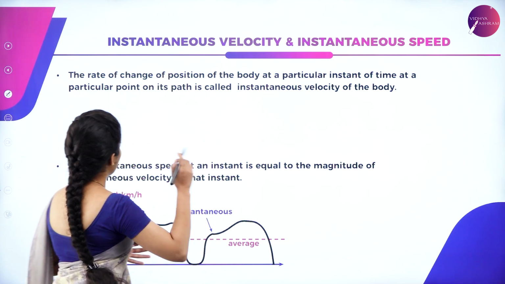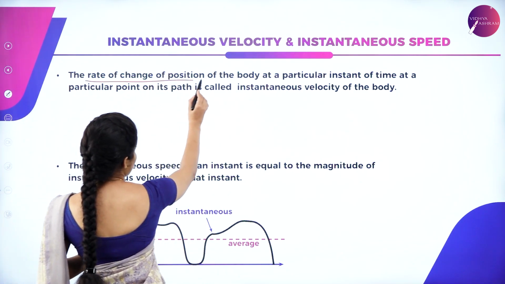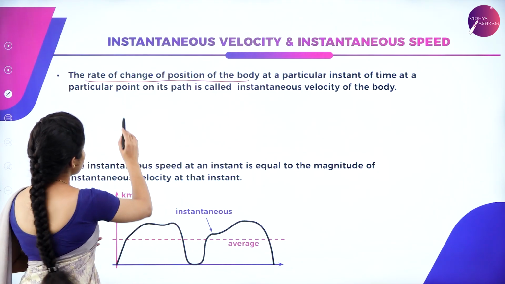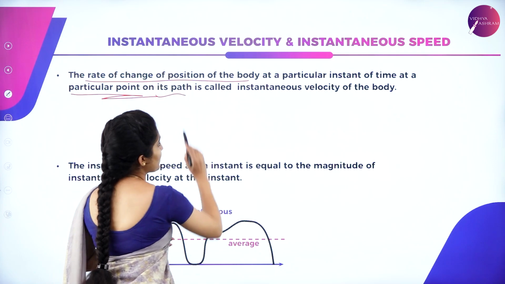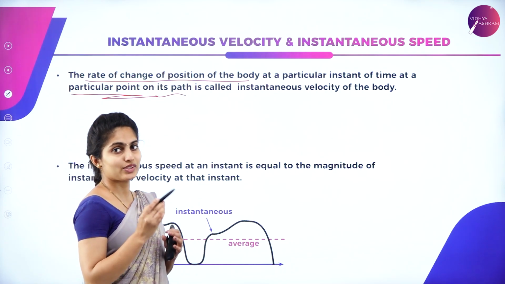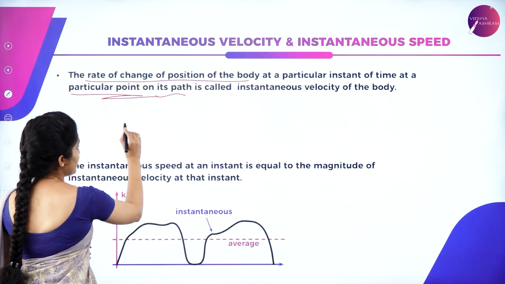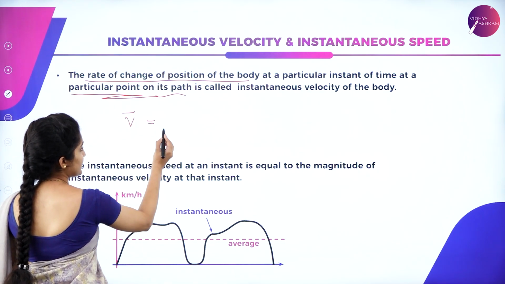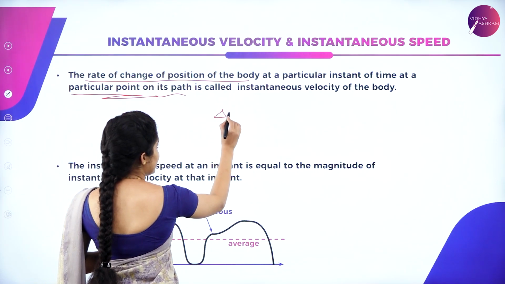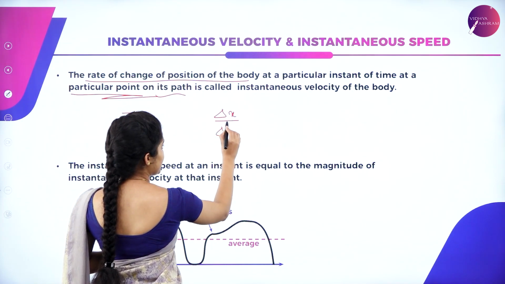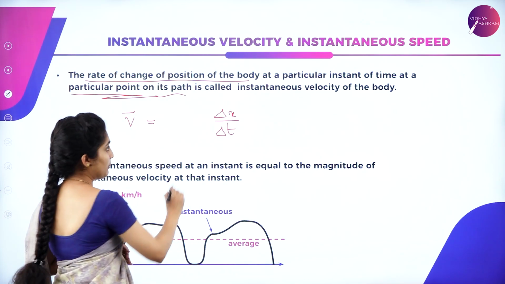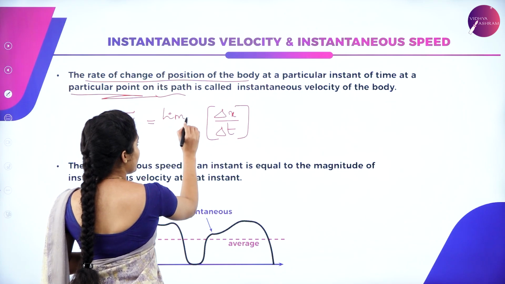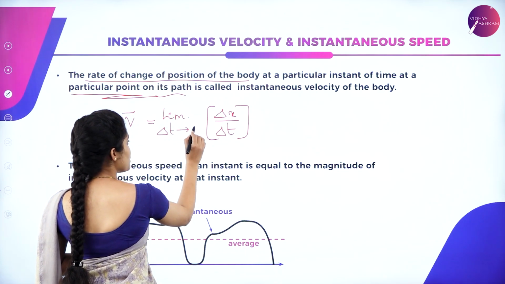Coming to it, the rate of change of position of a body at a particular instant of time, at a particular point on its path, is called the instantaneous velocity of a body, which is given as v, that is velocity, a vector quantity, is equal to delta x divided by delta t, change in displacement with respect to time, and the condition there is a limit where delta t tends to 0.